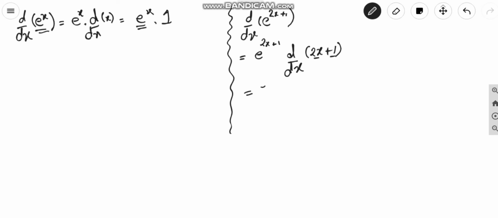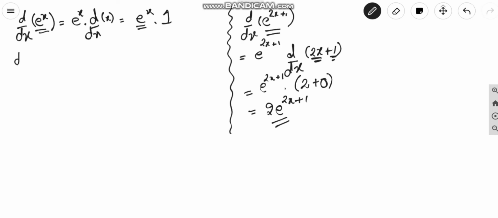So how can we find out the derivative of the sum of two functions? We will find out the separate derivative of each function. Derivative of 2x will be 2 and the derivative of 1 is 0. So our answer is 2e powers 2x plus 1. In this way we can find out the derivative of exponential functions.